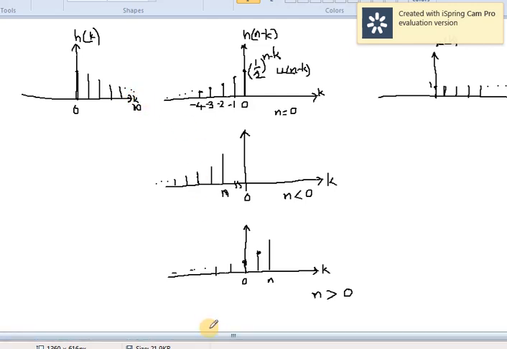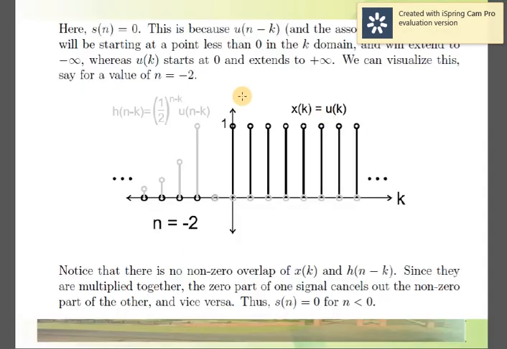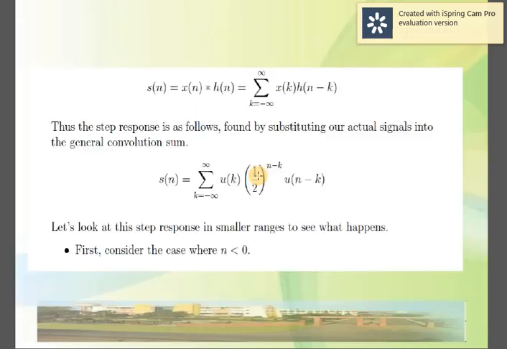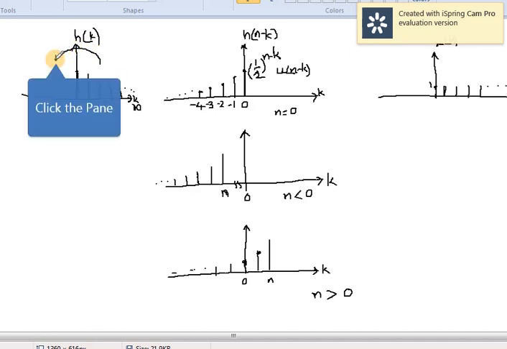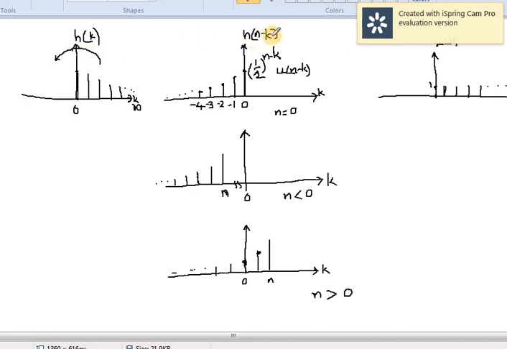But for convolution, we need h of n minus k. To obtain h of n minus k, we time reverse this signal, and to obtain it, n is considered to be 0 right now.